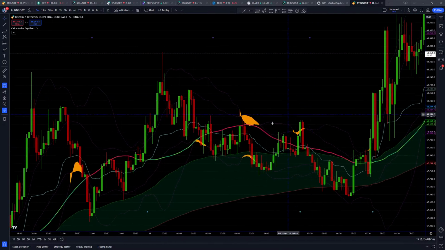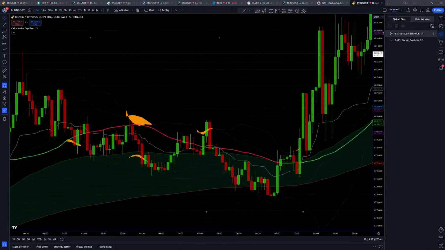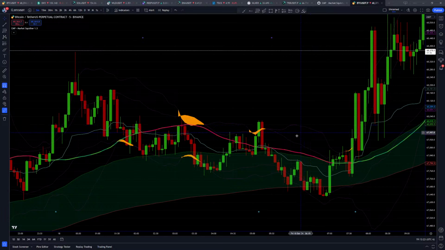Both of those are very, very useful tools to measure volatility. Even people who trade naked price charts with no other indicators will rely on average true range to determine levels of volatility in the market.